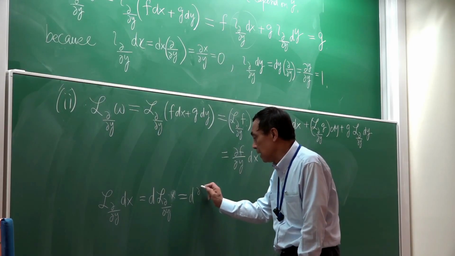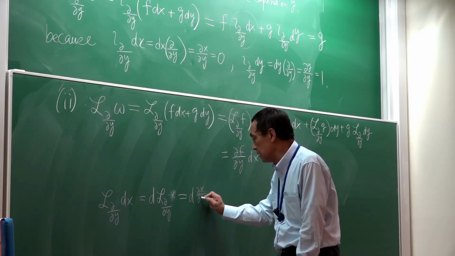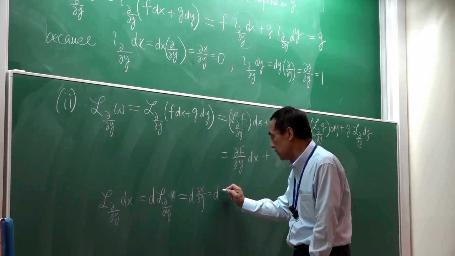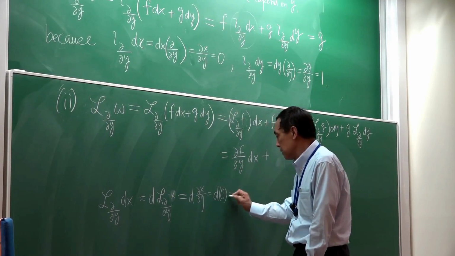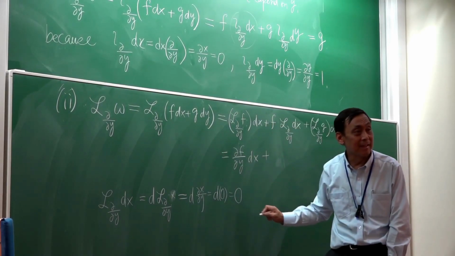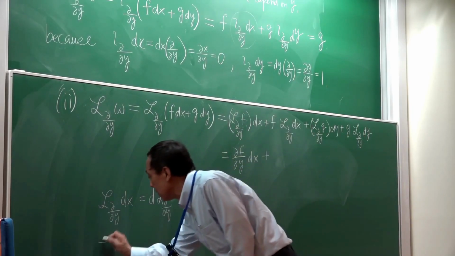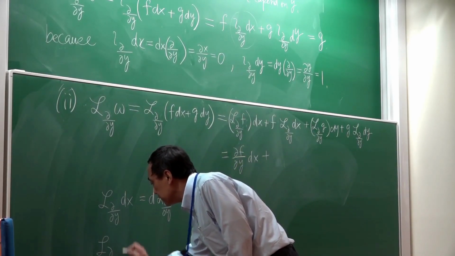So this is d of dx/dy, and d of 0, so it's 0. And what about L_{d/dy} of dy?